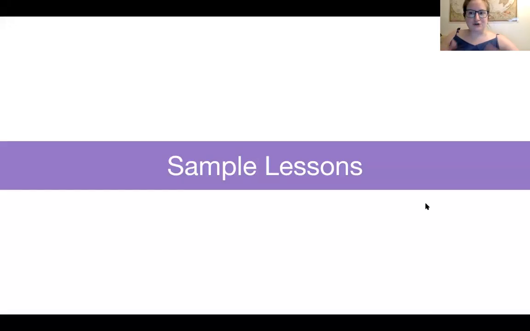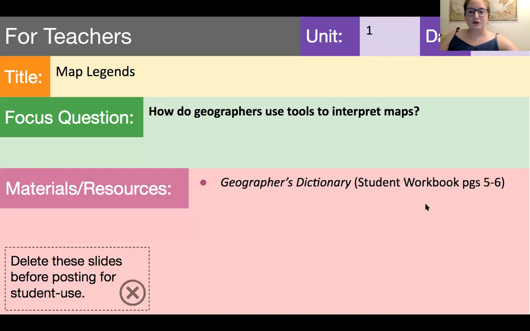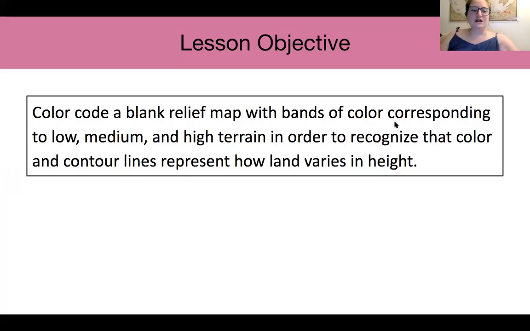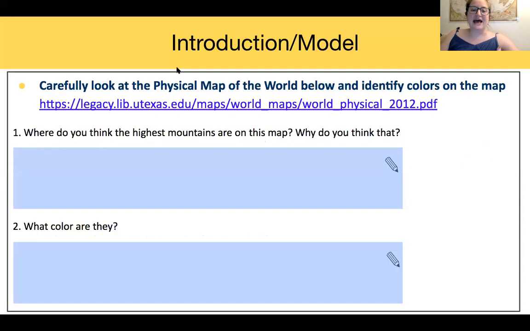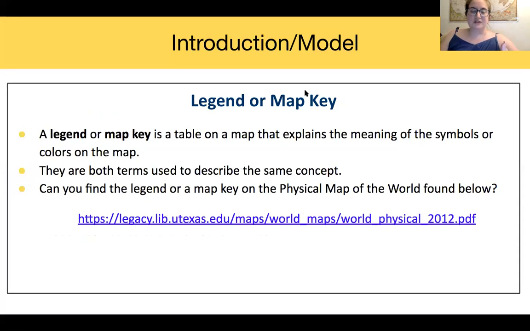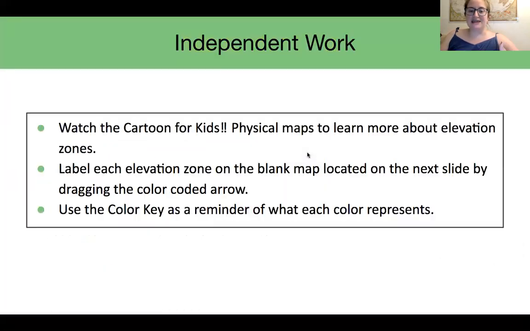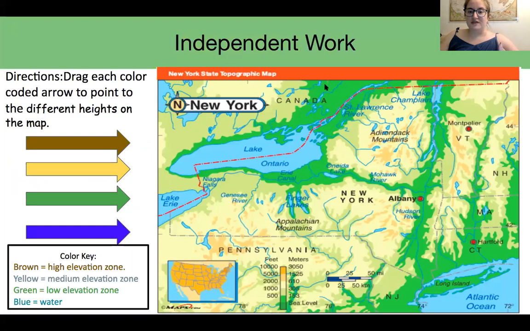So now I'd like to show you some sample lessons from the Passport curriculum that would be really great for the inclusion of Jamboard. The first that we're going to look at is from Unit 1, and this is a lesson that's all about how geographers use tools to interpret maps. So this lesson asks students to color code a blank relief map. They're looking at some new terms and examining a physical map of the world, thinking about legends or keys, and then you get to this topographic map.